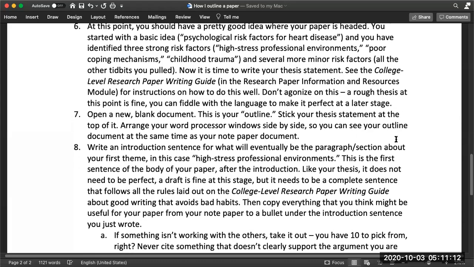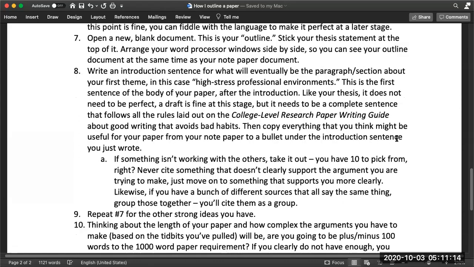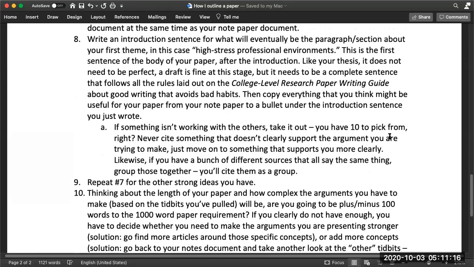So now that you have your 10 tidbits for each paragraph or whatever, you're going to write an introduction sentence for each of them. Again, just like your thesis, you're not going to get too stressed out about wording these perfectly, but you want to have your ideas down.